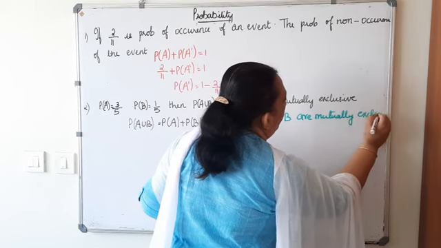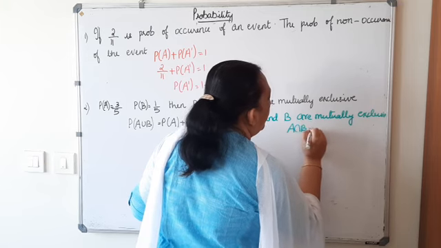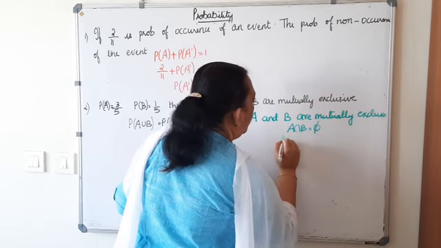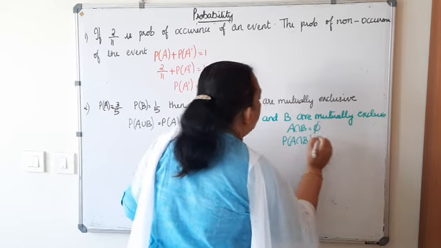Mutually exclusive, what is the meaning? A intersection B is equal to null set, or P of A intersection B is equal to 0.